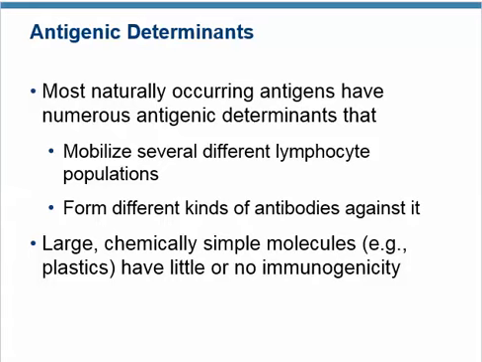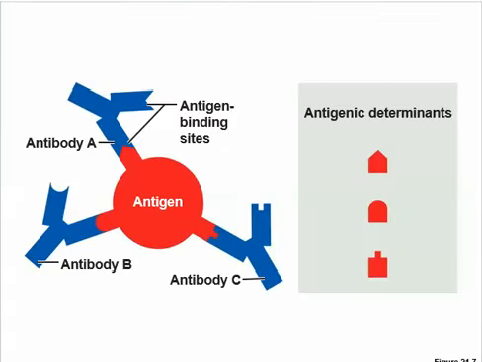A protein, for example, can have certain amino acid sequences. Large simple things like plastics and glass really don't have very many antigenic determinants, if any, so they are not immunogenic.